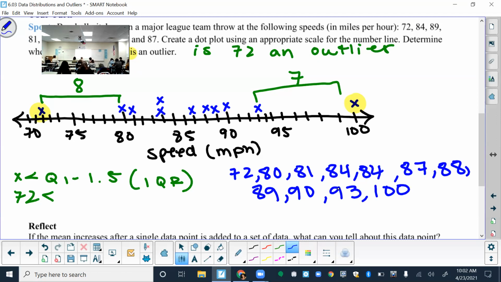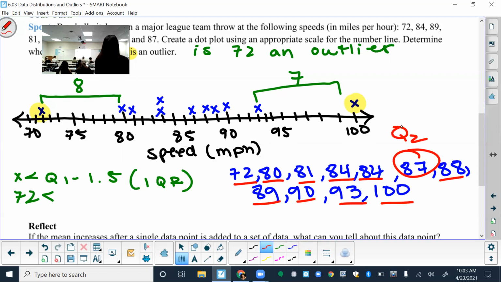All right, so to figure out the Q1 and Q3, I need to find the median of the entire thing, right? So figure that out first. Do your underlining on each side until you get a middle number or middle two numbers. And the Q2, the median is 87.